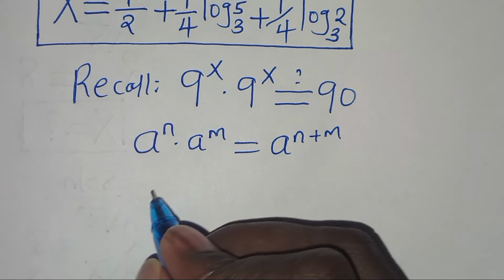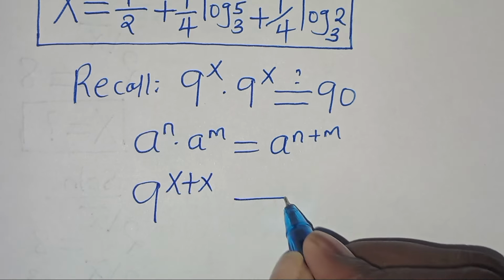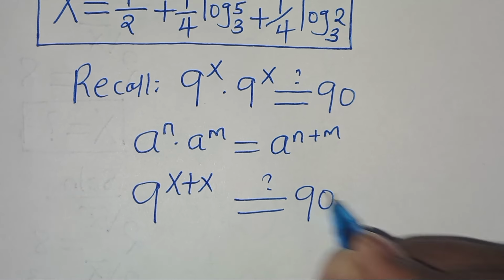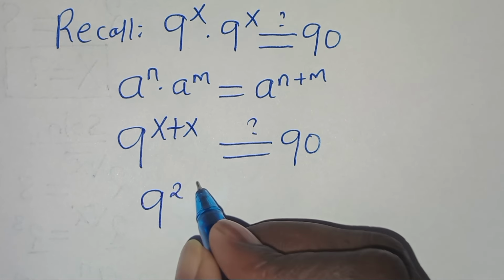So therefore, we have 9 to the power of x plus x. This is supposed to give us a value of 90. So this is 9 to the power of 2x.